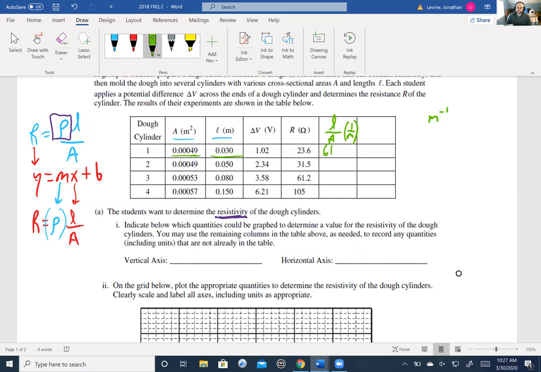So if I divide the two, you stick with the least precise value, which is still 2 sig figs. For the next one, we have 0.050 divided by 0.00049, and this is 102.